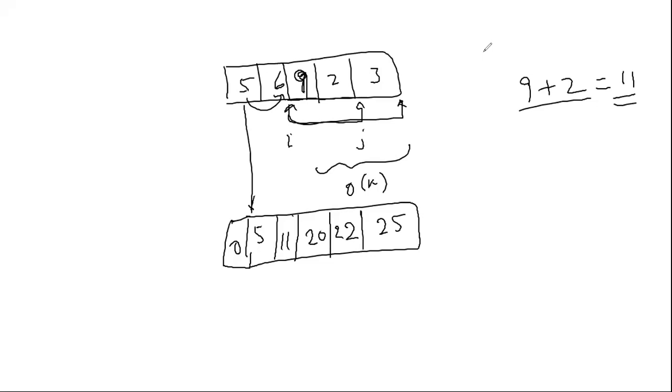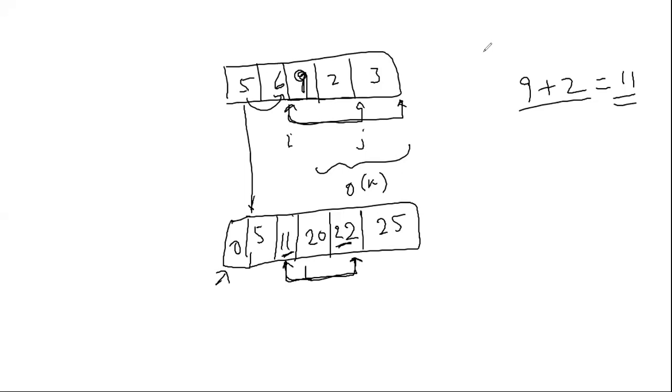Suppose you created this in the beginning itself, and then there are a lot of queries. They are asking, I will ask this question 40,000 times or 100,000 times. When we have to find the sum between 9 and 2, looking at the prefix sums you can figure out 22 and 11.